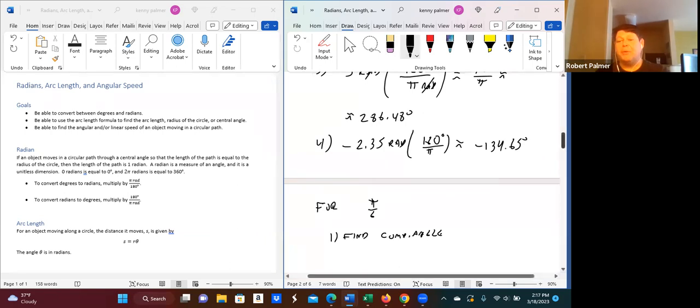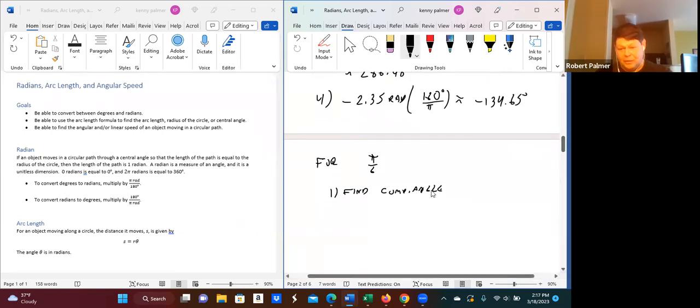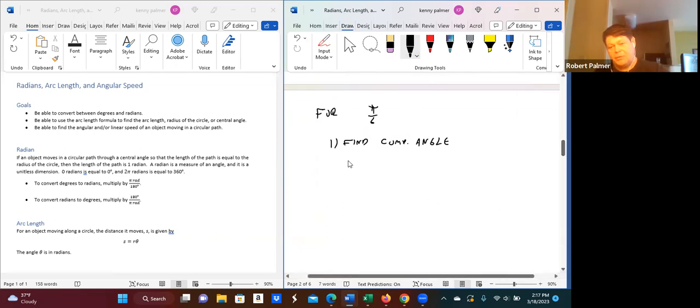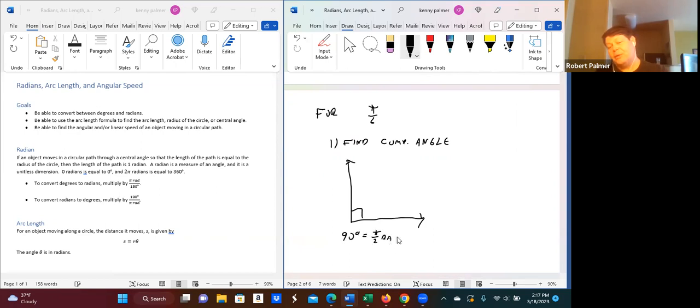So remember, complementary means the angles add to 90 degrees, and 90 degrees is the same as pi over 2. So let's make a right angle. A right angle here, and 90 degrees is equal to pi over 2 radians.